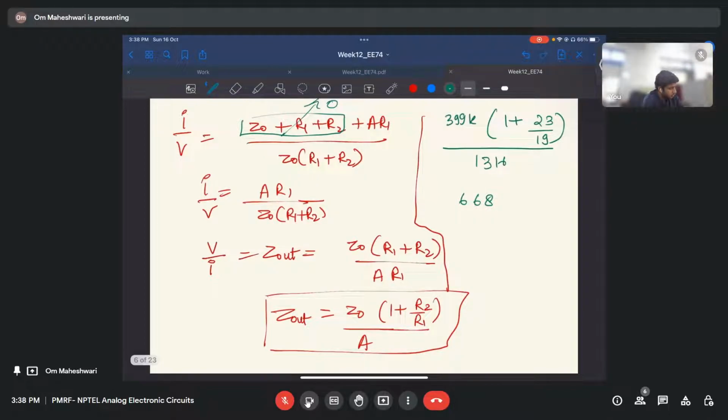Z naught will be 670.21K. Sorry, 670.21.